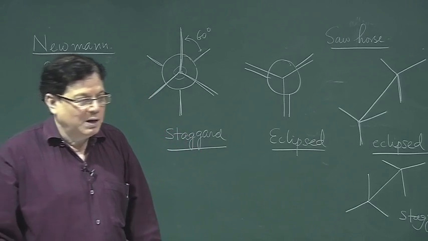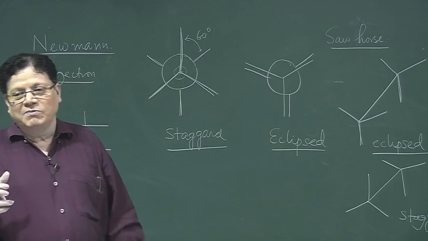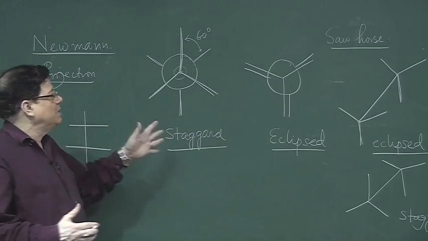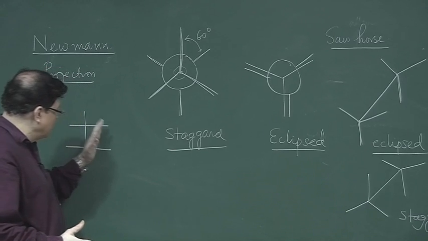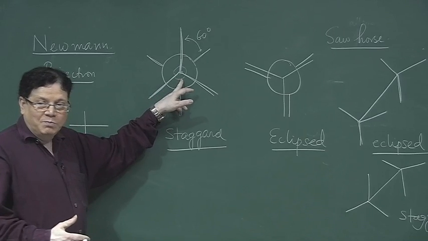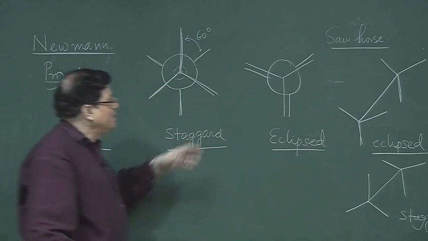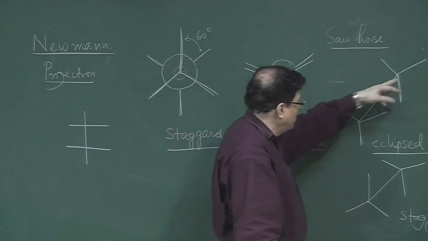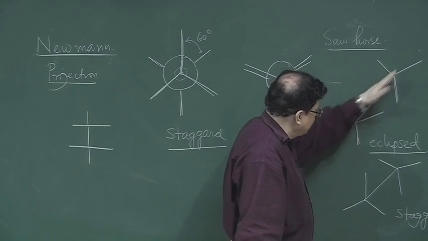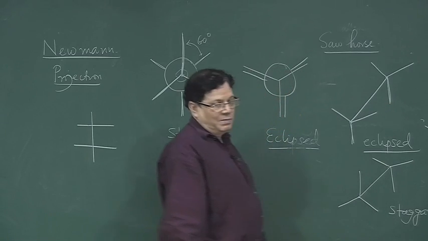But wedge formulas are a little difficult to handle, which gave rise to the concept of converting them into 2-dimensional projection formulas. The first was Fischer projection, which looks like this for a compound containing 2 chiral centers. Then we have the Newman projection, where it is viewed along the carbon carbon axis, and the third one is Sawhorse, where the carbon carbon bond is drawn in an angular fashion, and the other 3 bonds are then projected along the plane.